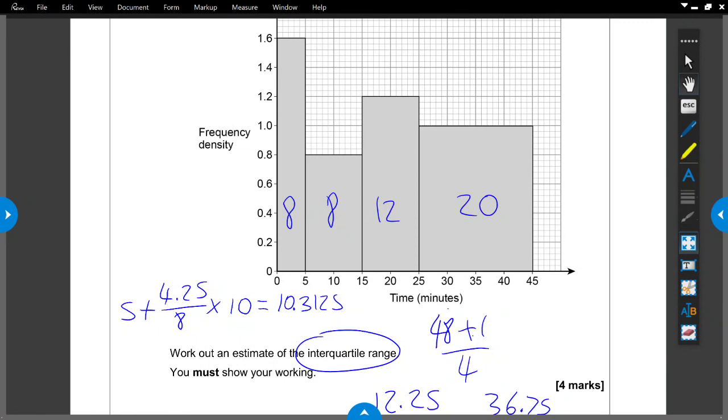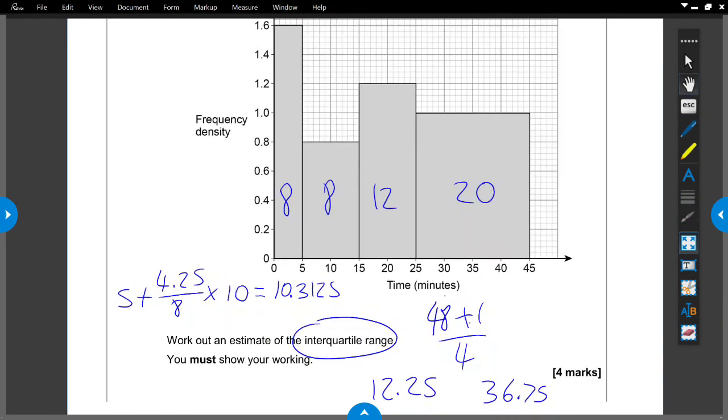And to find the upper quartile, we're going to do a similar method. So this time we're looking for the 36.75th value. If I start taking off these frequencies to see how far I am within 36.75, I take off this 8, I've still got some left. I take off another 8, so I've still got some going. I take off another 12, and that tells me that we have an extra 8.75, and that's within this category here.